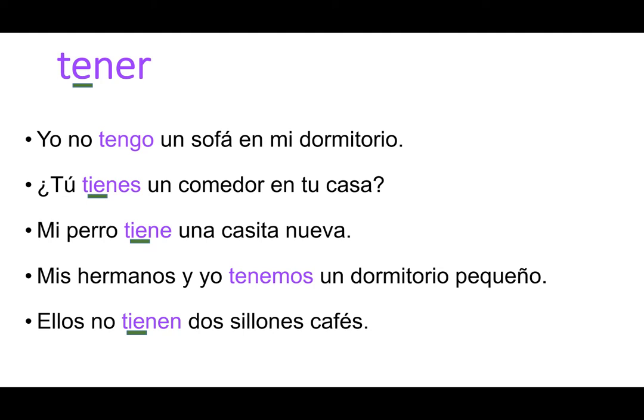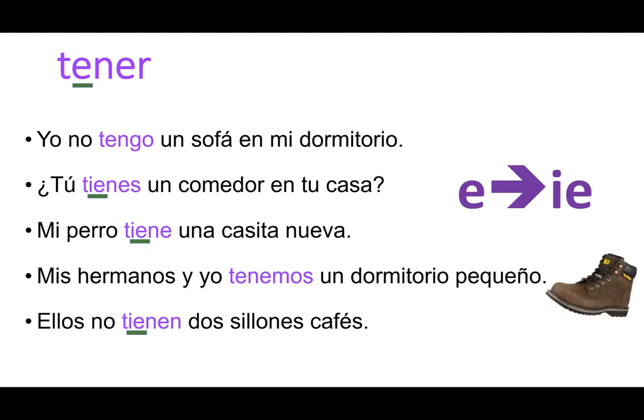It goes from TEN to TIEN. But then when you look at the yo and nosotros form, we can see that it is an E to IE stem change, except in those two forms. It is a boot verb because it kicks out the nosotros form back to TENEMOS, so tenemos.